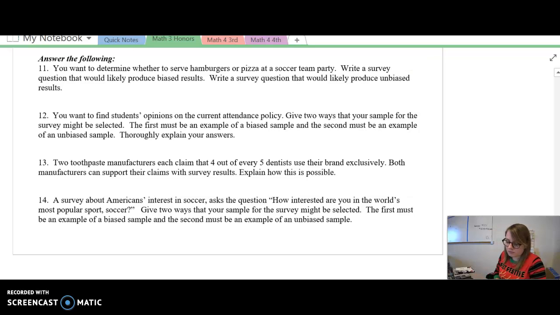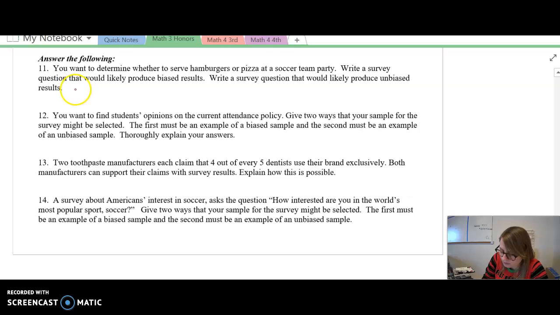Alright, so let's look at this last part about biased versus unbiased. You want to determine whether to serve hamburgers or pizzas at a soccer team party. Write a survey question that is most likely to produce biased results. Write a survey question that would most likely produce unbiased results. So for biased results, I would say, wouldn't you rather have hamburgers than pizza at the party?